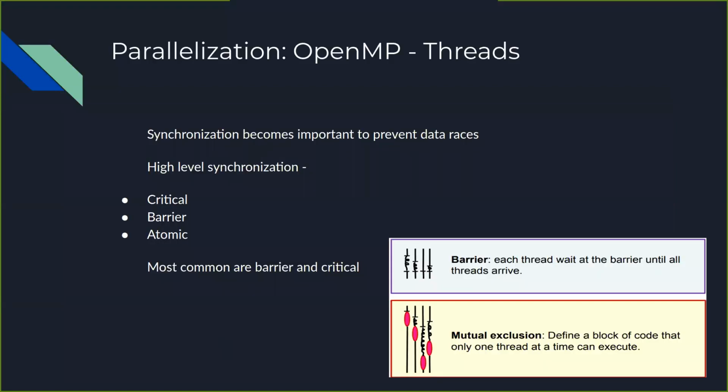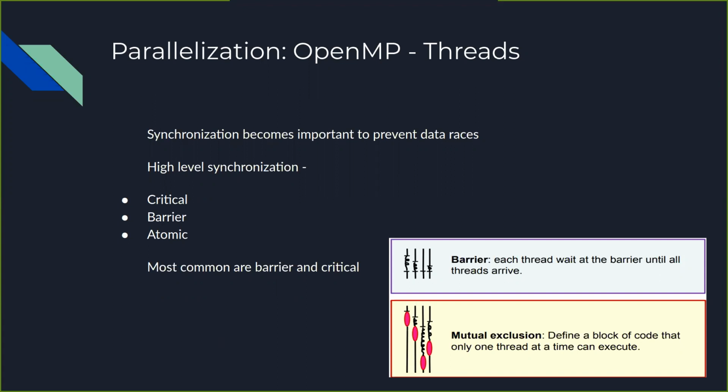So once we are using threads, a construct called synchronization becomes important, so that we don't have data races which could seriously impact our operation. So OpenMP provides three high-level constructs to prevent data races: critical, barrier, and atomic. Barrier is pretty simple.